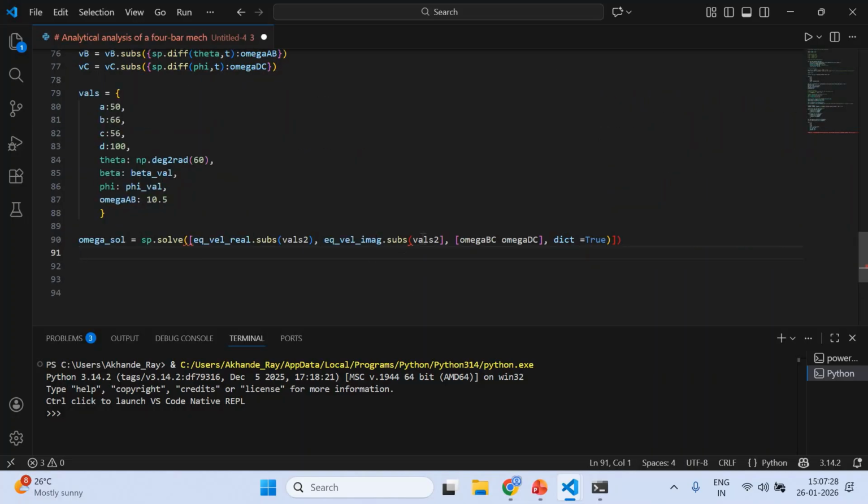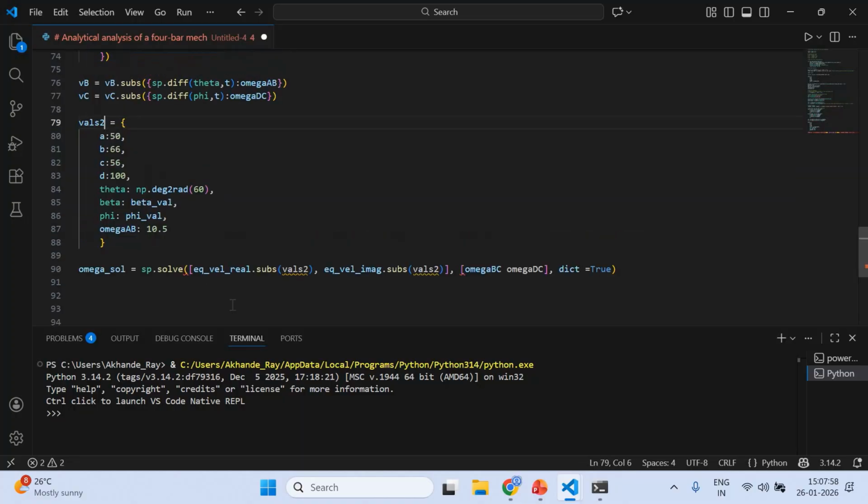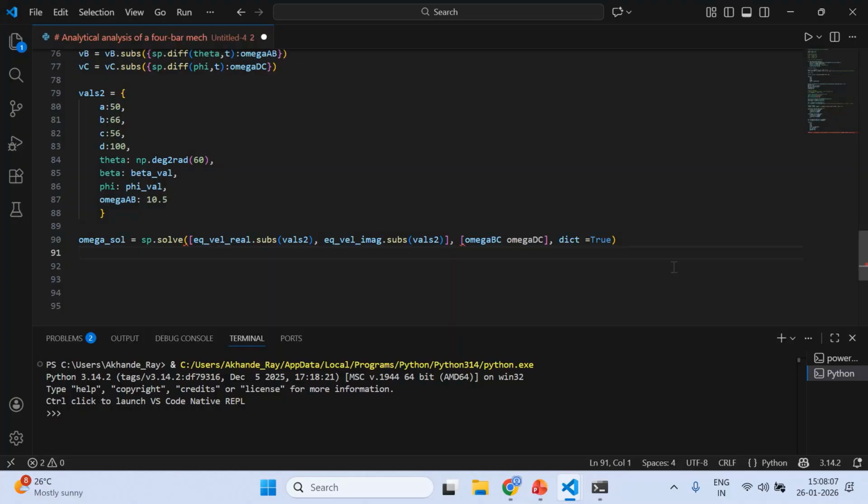Just check if any bracket or anything is missing here, right? And here I think this one is fine. And then here we have omega BC, DC. Now let's define vals 2. This vals 2 is the new parameter that I have defined.